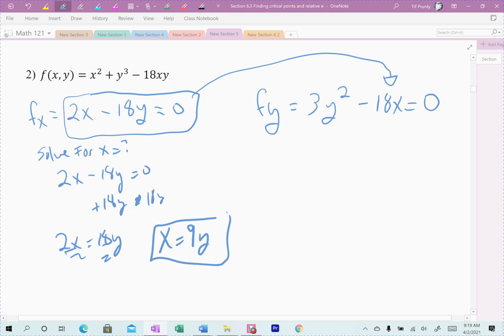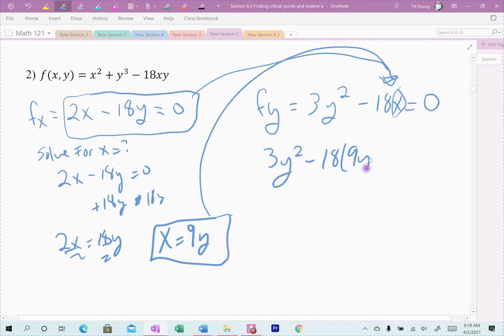And so that means for every y value, the x value paired with it is 9 times that value. So that's what's going to go up in here for x. I replace the x with 9 times y, so I get 3y squared minus 18 times 9y, set equal to 0. So 3y squared, and 18 times 9 comes out 162.